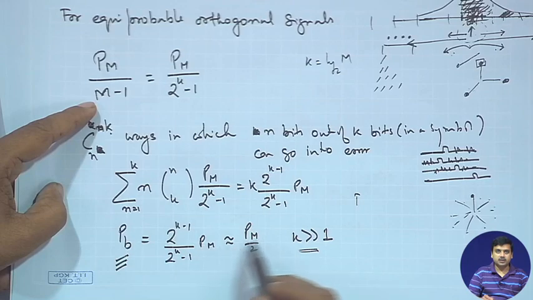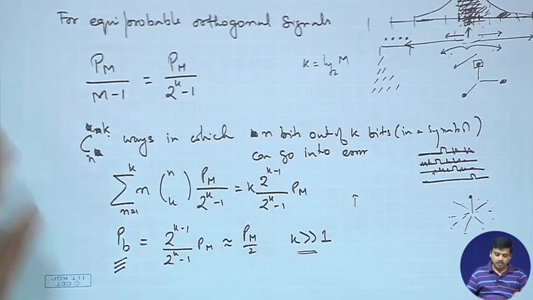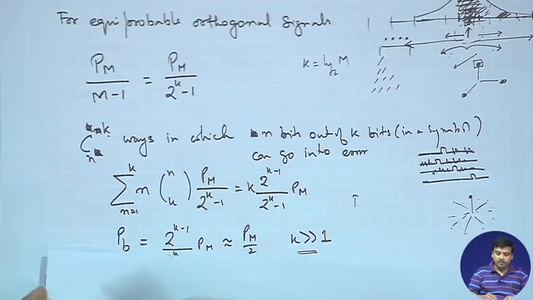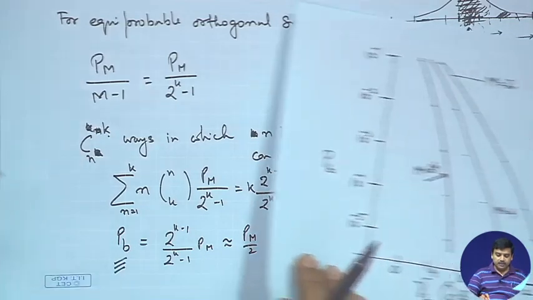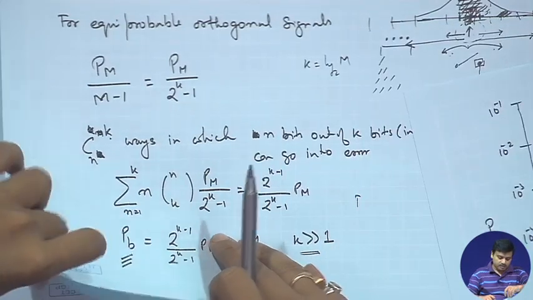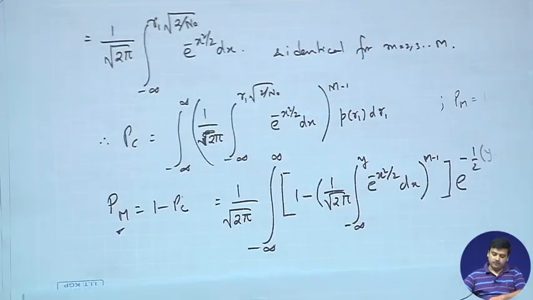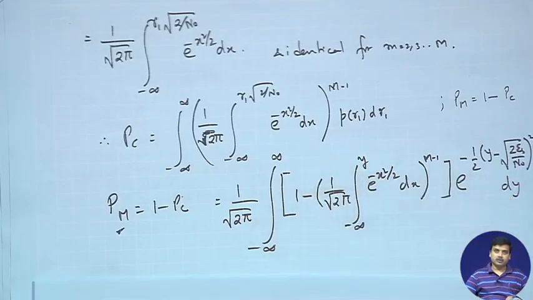So, this is an approximation that you can reach, but this is just translating the symbol error to bit error probability.